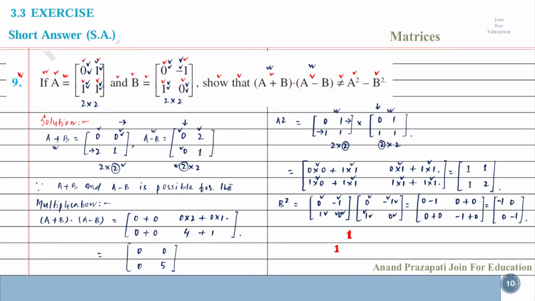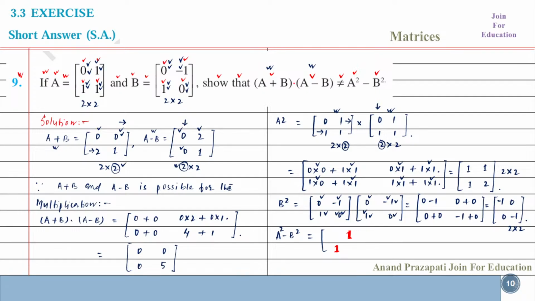So let's see here A square minus B square equal to. Order of A square is 2 by 2, and order of B square is also 2 by 2. Therefore A square minus B square is possible.